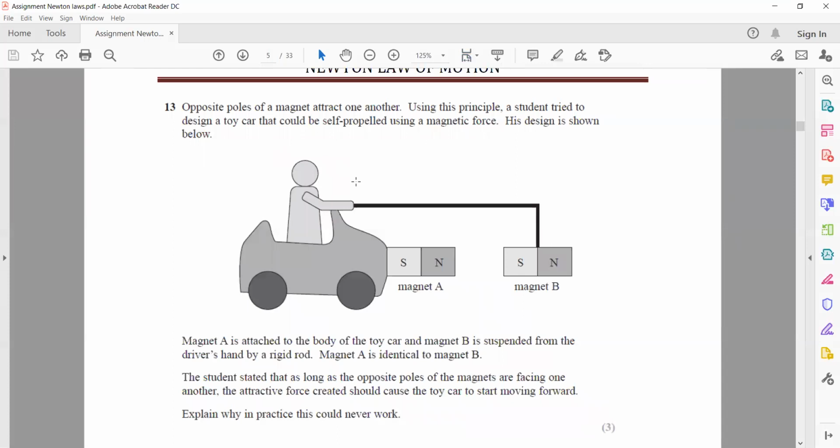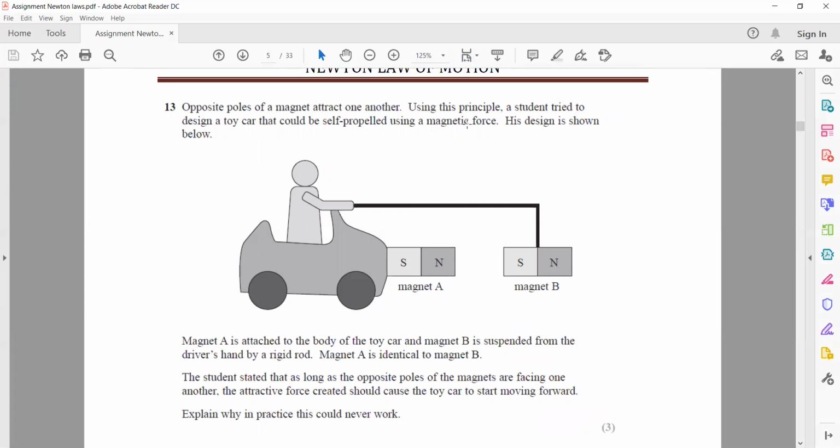A magnet A is attached to the body of the toy car, and a magnet B is suspended from the driver's hand by a rigid rod. The magnets are identical. The student stated that as long as the opposite poles of the magnets are facing each other, the attractive force created should cause the car to move.